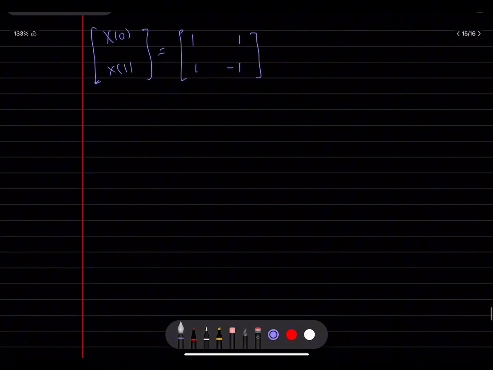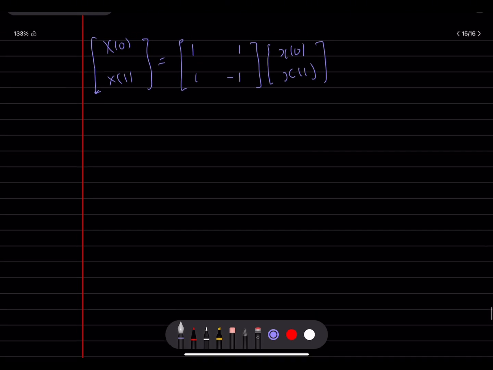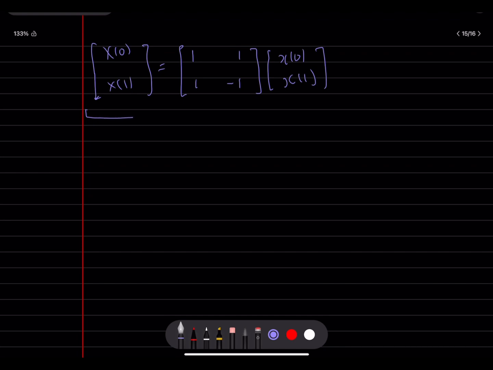So based on this one, we are multiplying it by x of 0, x of 1. So this is it, x of 0, x of 1. And now that we have this, we have been able to come up with a linear combination involving the matrix of a 2-point DFT, right?